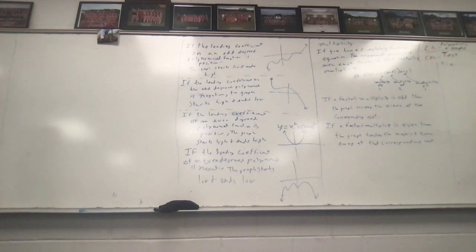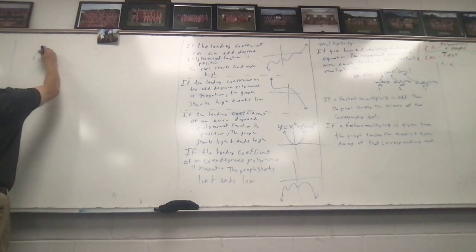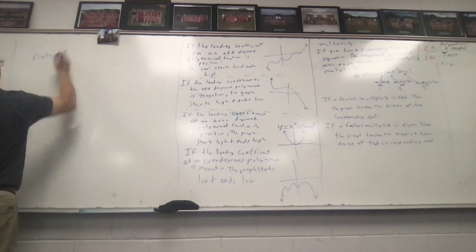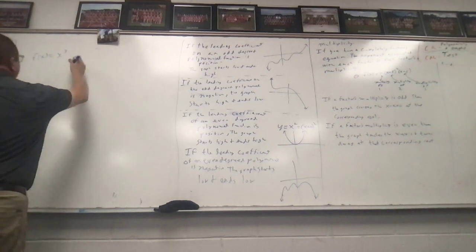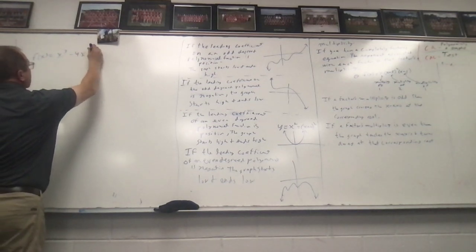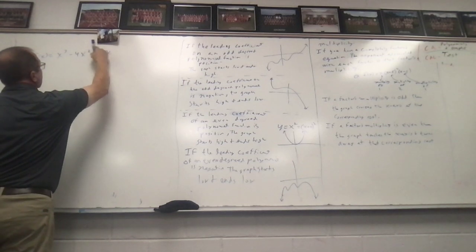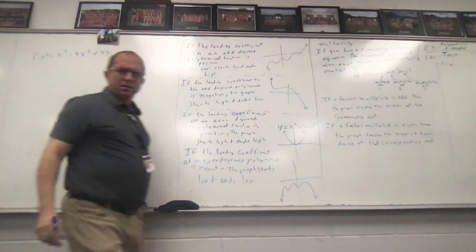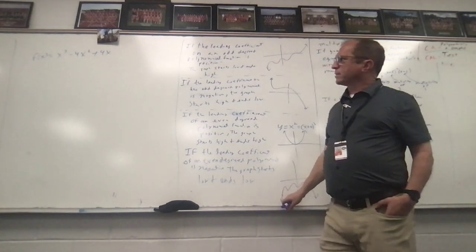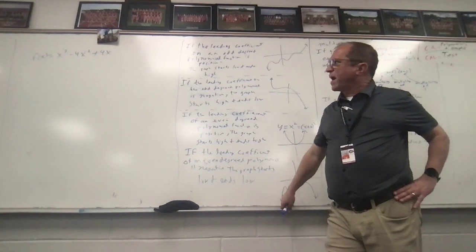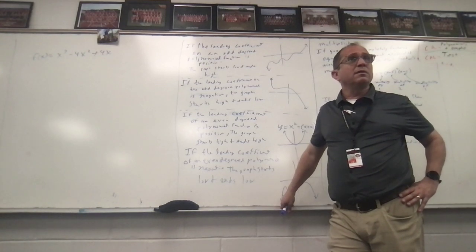So the next one is f of x equals x cubed minus 4x squared plus 4x. All right, so that is my equation. So how do I go about factoring this equation?